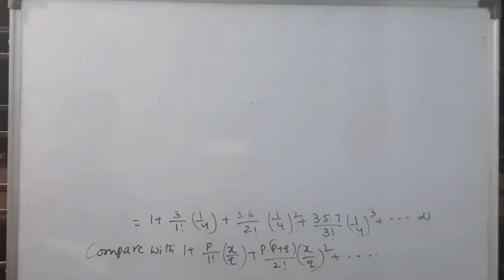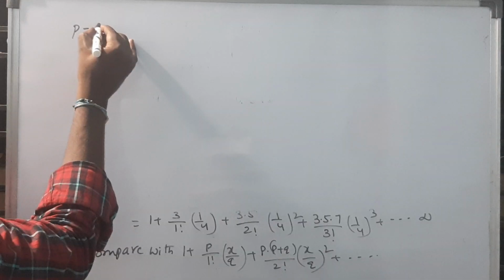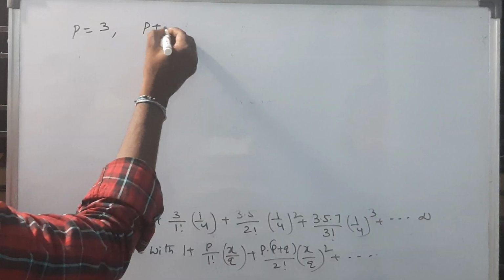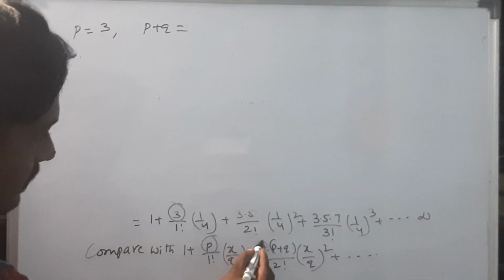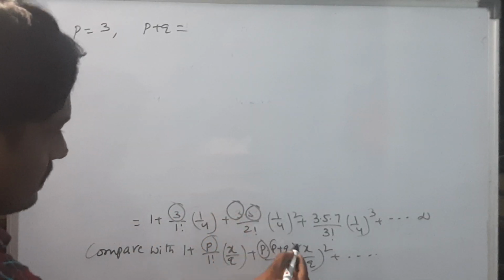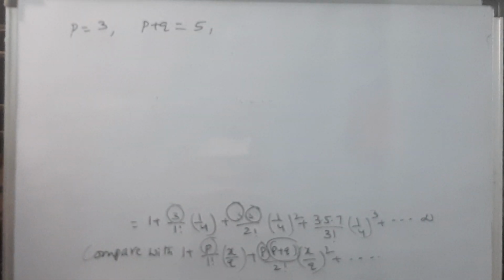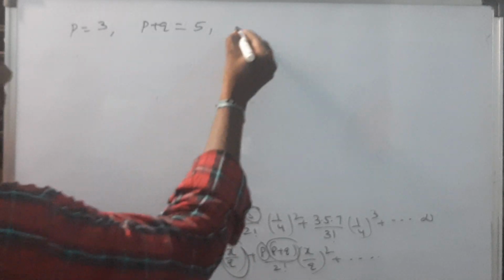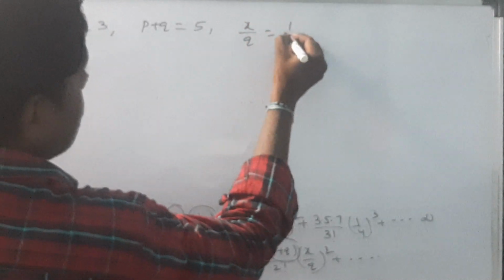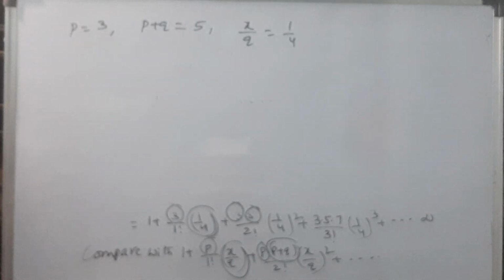So compare. What will come in the place of p? In the place of p, 3 came. p is equal to 3. In the place of p plus q is 5. In the place of x by q is 1 by 4, so x by q is equal to 1 by 4.